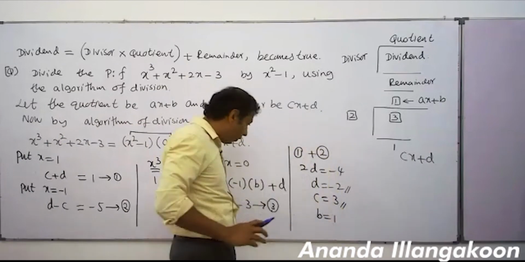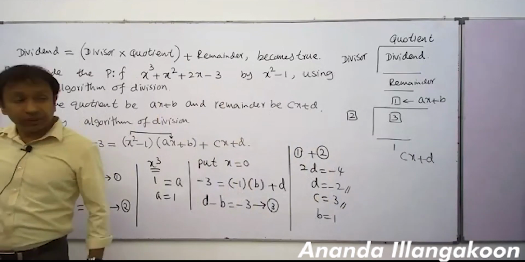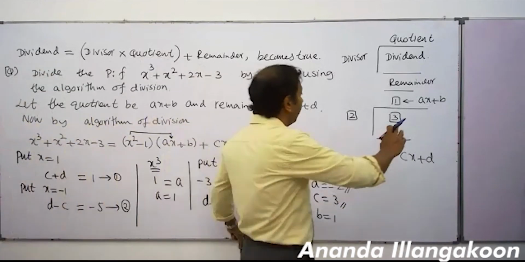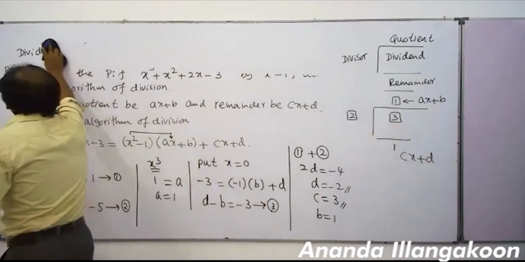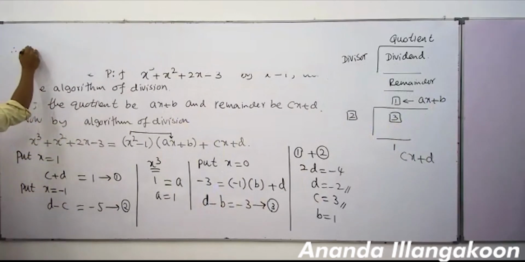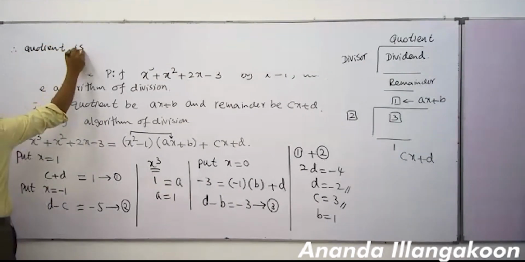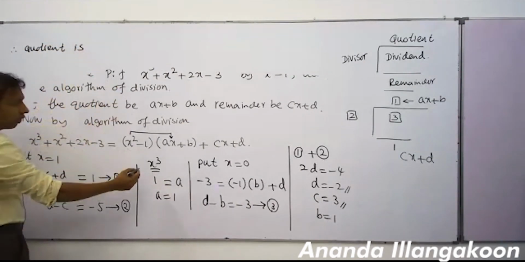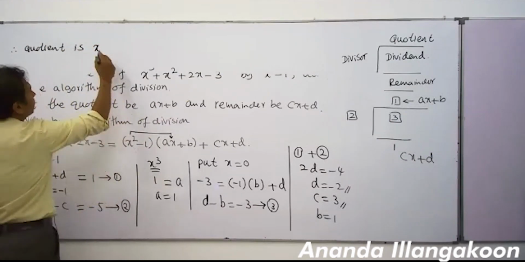Now we found all. Now we can write the quotient and remainder. Therefore, the quotient, substituting for this a and b: a is 1, then x, b is 1, x plus 1.